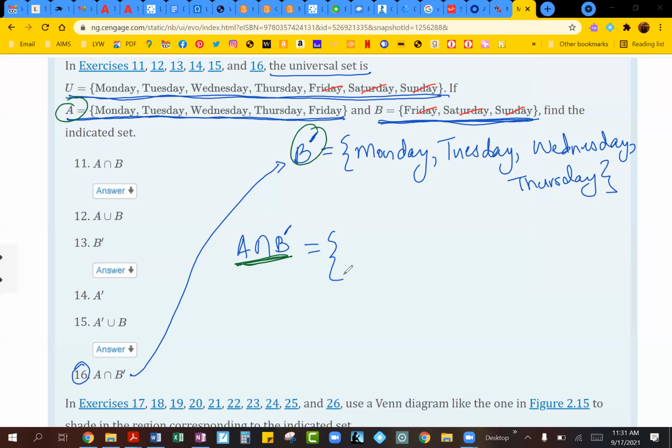So get your answers ready. I'll give you about 30 seconds to type your answers in, and then let's see what you come up with. So A intersected with B prime.